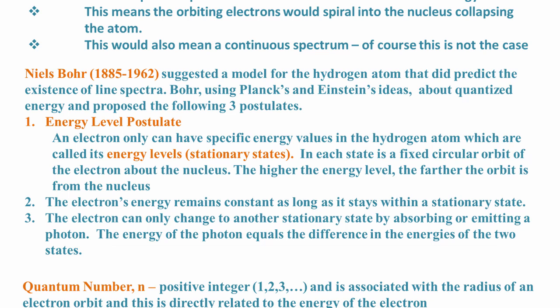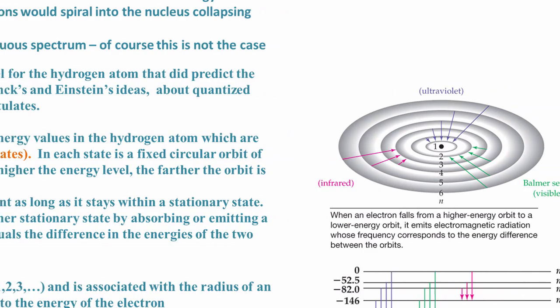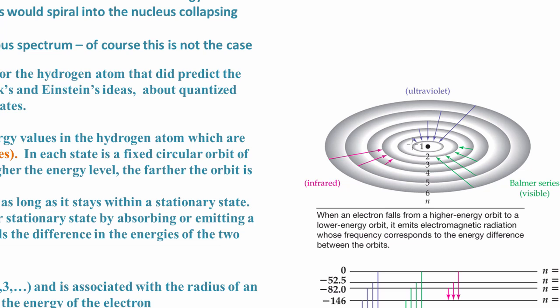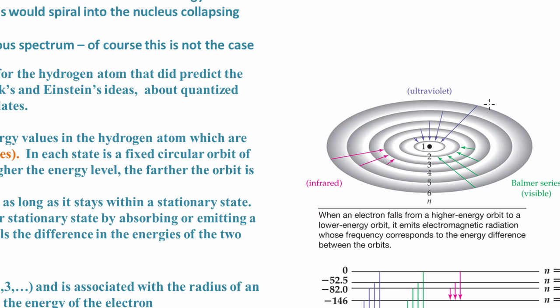And you can kind of see this here. So you can think of the nucleus, and then here we have n equal to 1, n equal to 2, 3, 4, 5, 6. And the electrons are supposedly orbiting in these stationary orbits.